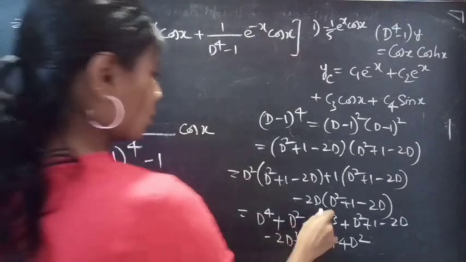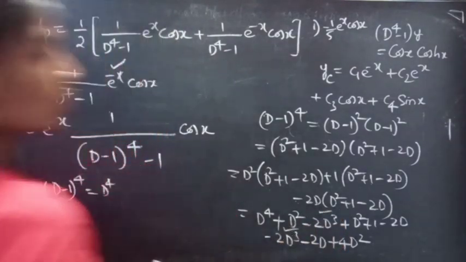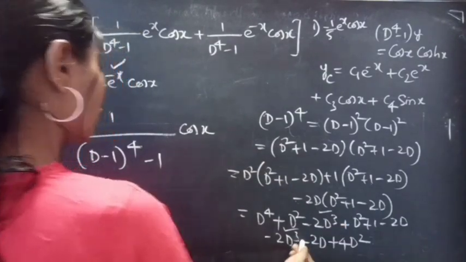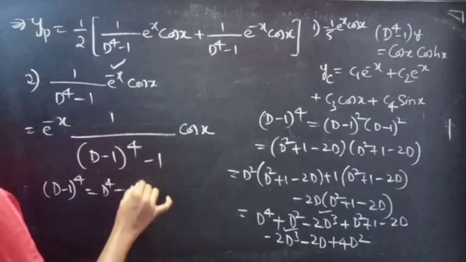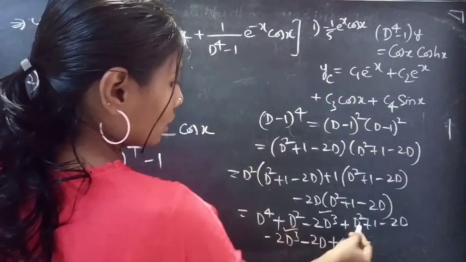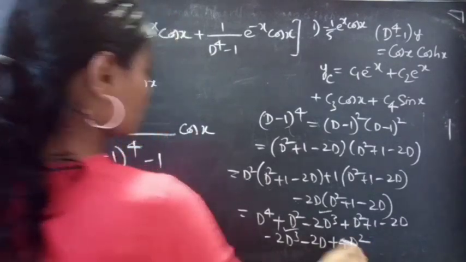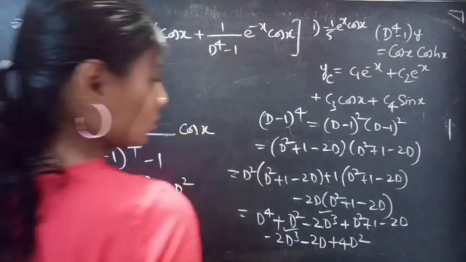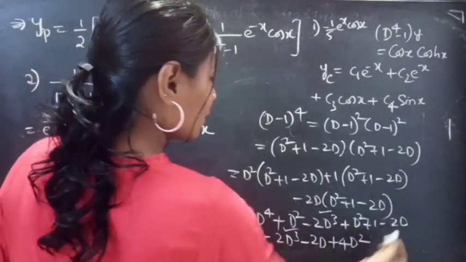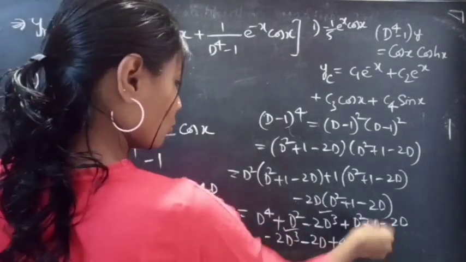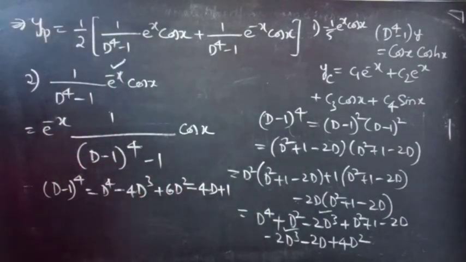Now look at the terms involving d cube. We have minus 2d cube and minus 2d cube, which is minus 4d cube. Now write the terms involving d square, 2d square plus 4d square is 6d square. Now terms involving d, minus 2d is minus 4d. Now constants, 1, right?